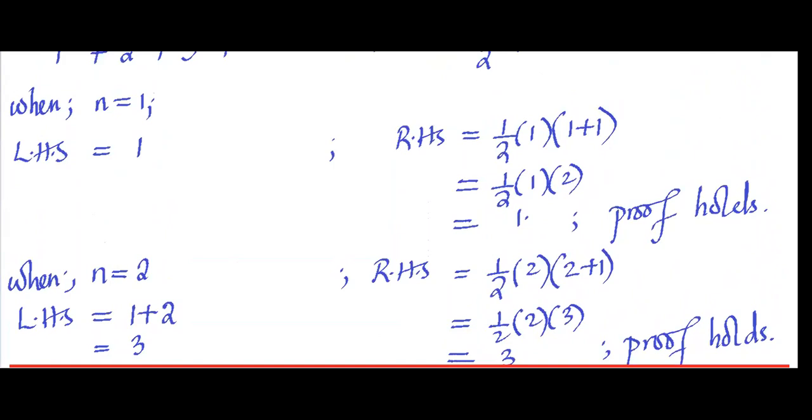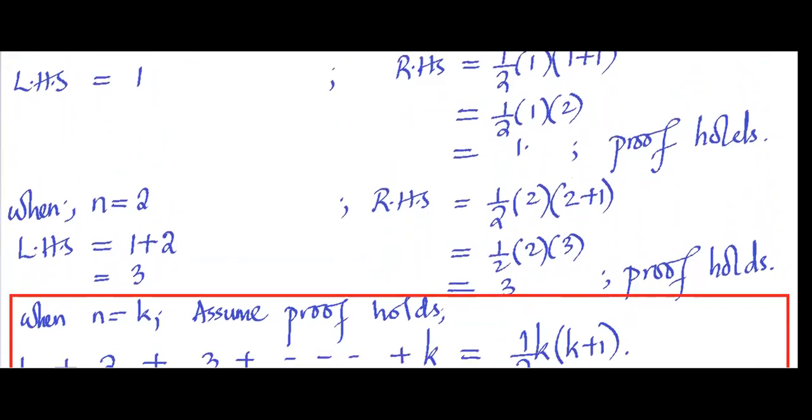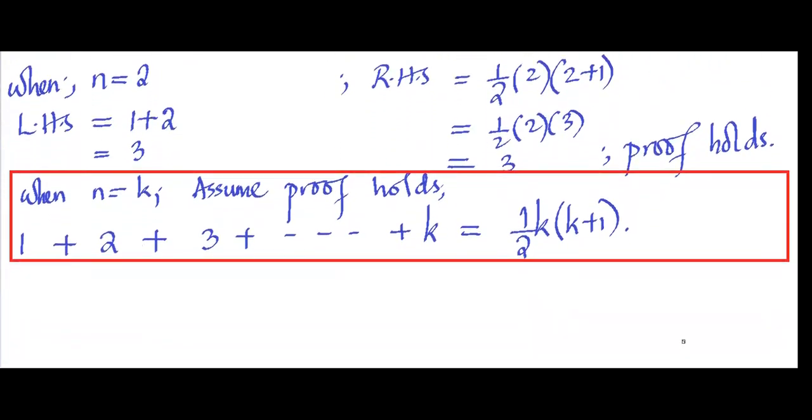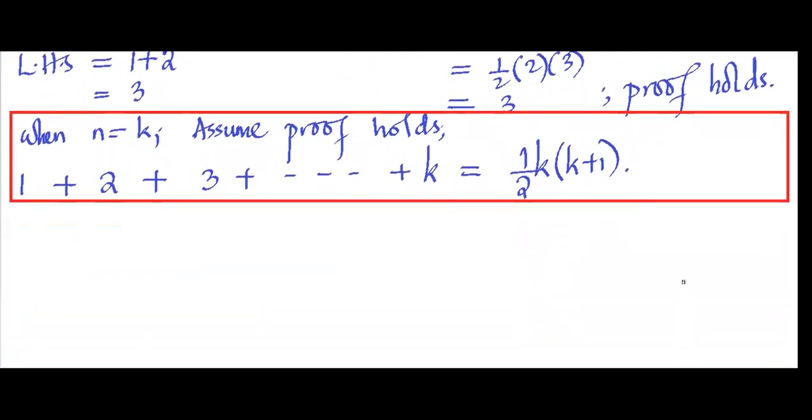What's the significance of leaving that statement like that? It is going to help us in the blue, going to the red borderline. It's going to help us when proceeding to k plus 1, it's going to be useful. Yes, sir.